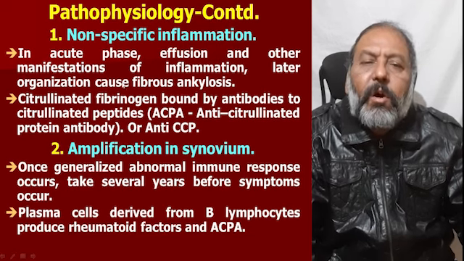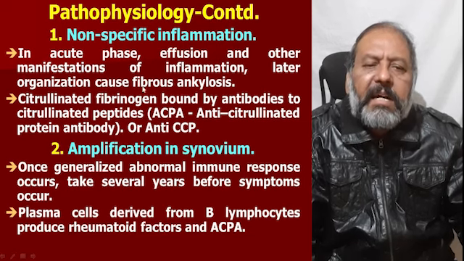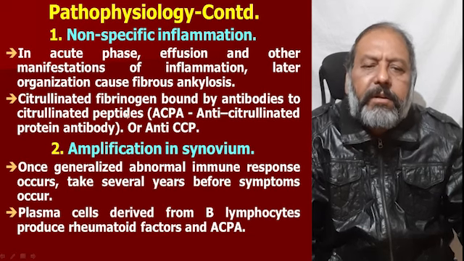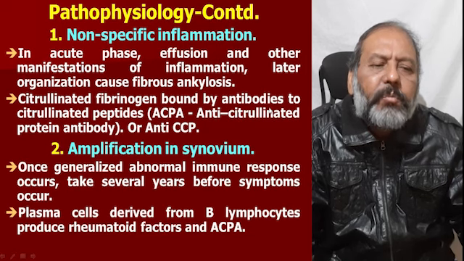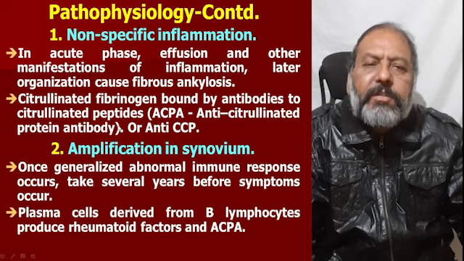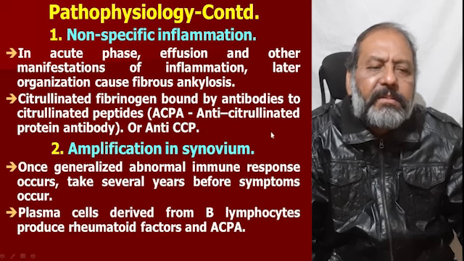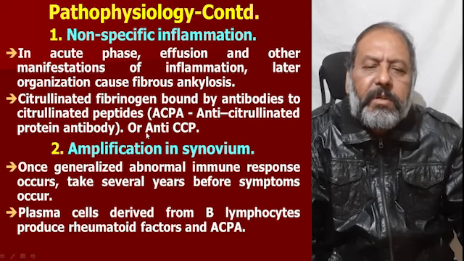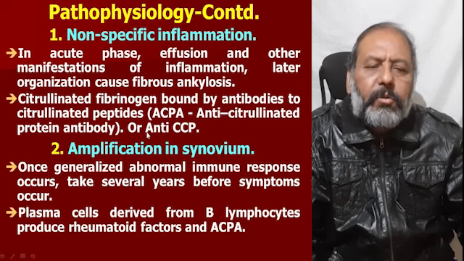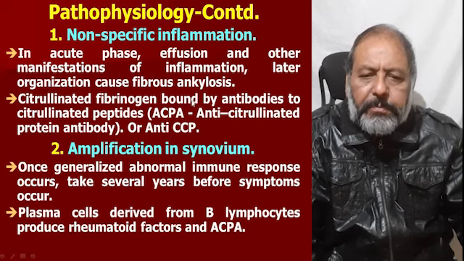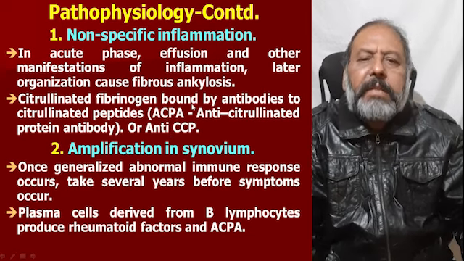Later, organization occurs causing fibrous ankylosis, and citrullinated fibrinogen bound by antibodies to the citrullinated peptide, ACPA, that is anti-citrullinated protein antibody, also called anti-CCP antibody, is produced. The other factor in pathophysiology is amplification in the synovium.